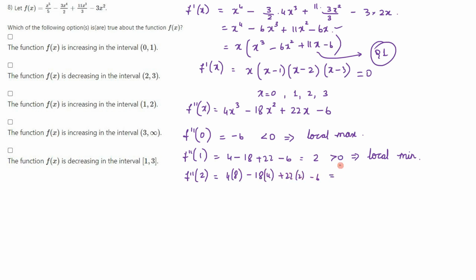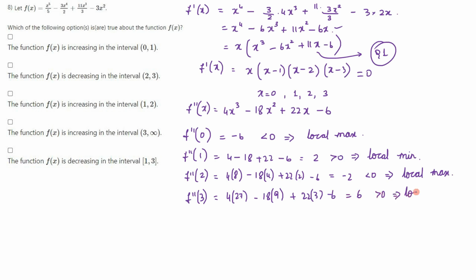After simplification we have minus 2, which is less than 0, meaning that x equal to 2 is a local maximum, right? F double dash of 3, now we have 4 into 3 cube is 27 minus 18 into 3 square is 9 plus 22 into 3 minus 6, that is after simplification 6, which is obviously greater than 0, meaning that we have a local minimum.